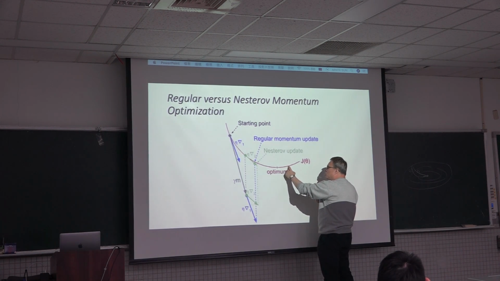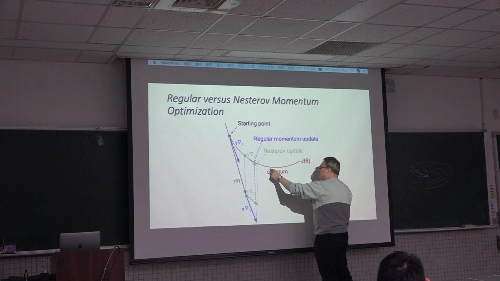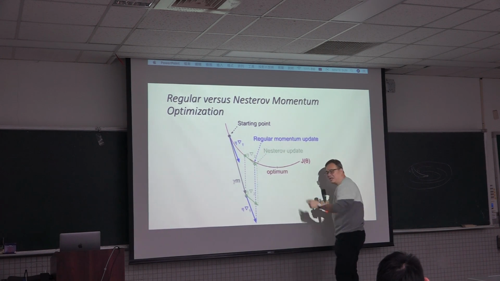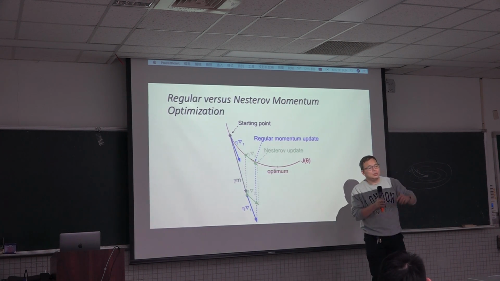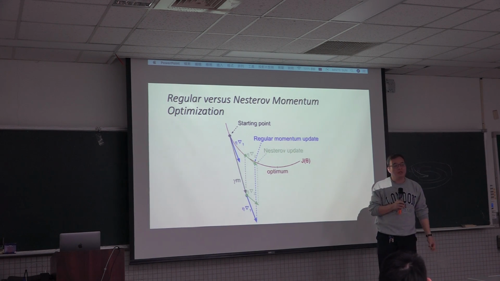So it's going to point in the opposite direction, which will cancel out its current speed. So not only will friction reduce its speed, this reverse gradient is going to cancel the speed as well. So it's going to stabilize faster than the momentum optimization.